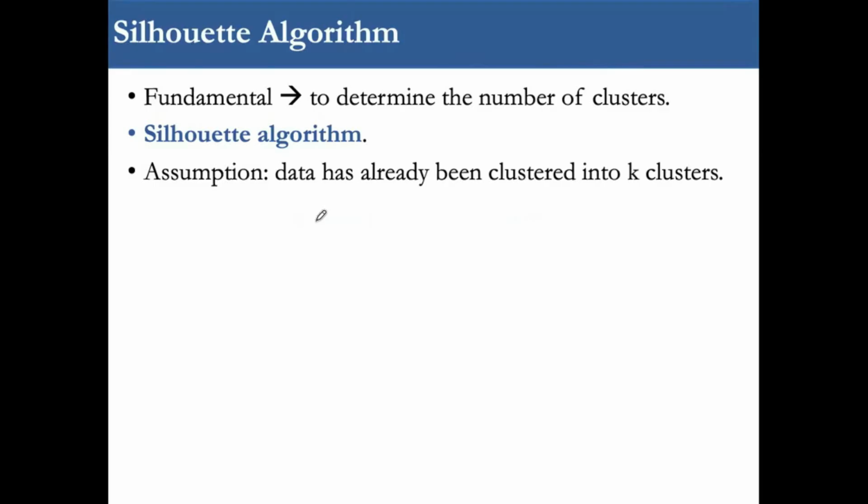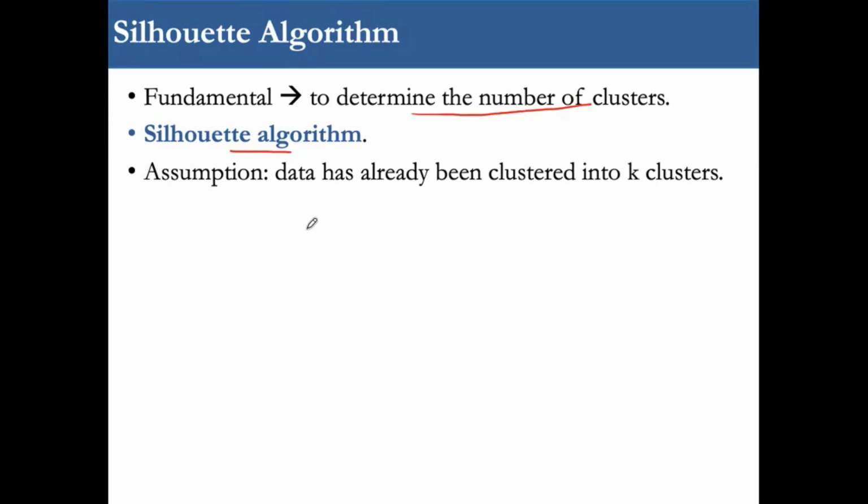One of the fundamental steps of an unsupervised learning algorithm is to determine the number of clusters into which the data may be clustered together. The Silhouette algorithm is one of the many algorithms to determine the optimal number of clusters for an unsupervised learning technique.